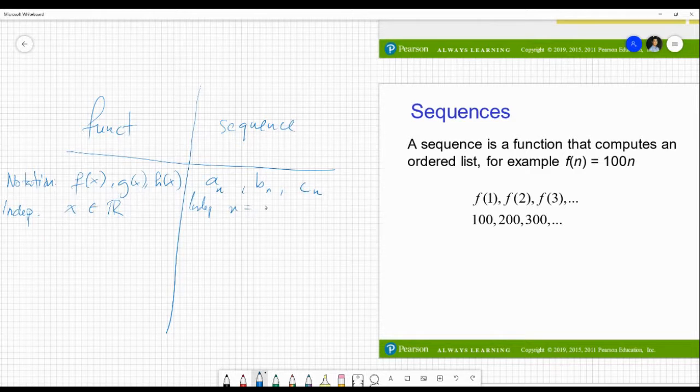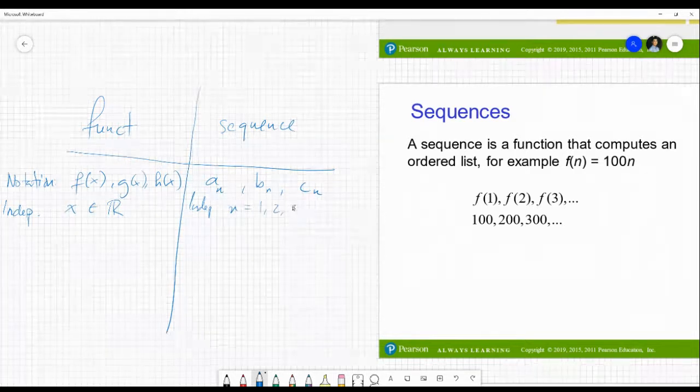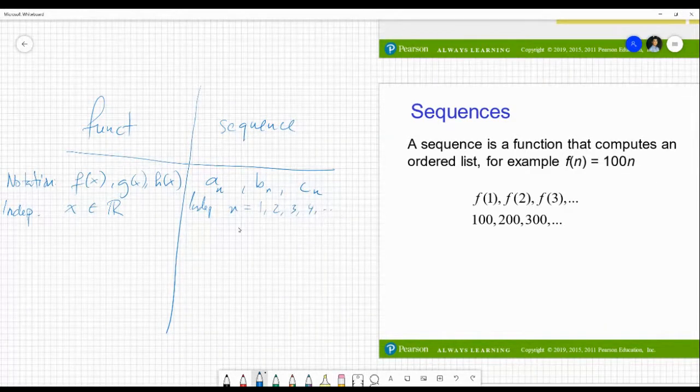However, n always starts at 1, 2, 3, 4, all the way to infinity. Now, some will use 0, but most of the time we will use 1. So therefore, we have the first term, a subscript 1, the second term, a subscript 2, a subscript 3 for the third term, a subscript 4, and so forth, all the way up to a subscript n, which we call the general term.